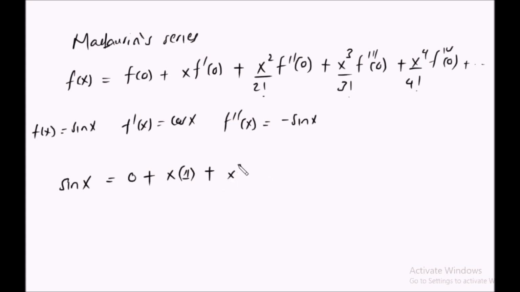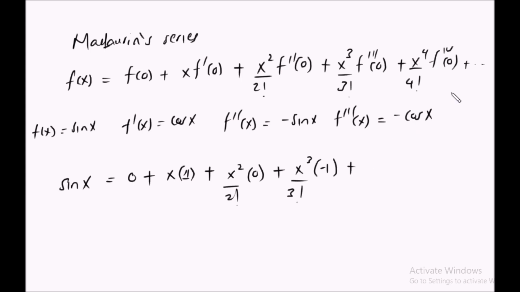So it will be x squared over 2 factorial times negative sin 0 which is 0 plus, so third derivative, so if I differentiate negative sin x I get negative cos x. So third derivative will be x cubed over 3 factorial, so negative cos of 0 is negative 1 plus fourth derivative, which here of x will be sin of x, we return again to positive sin of x.